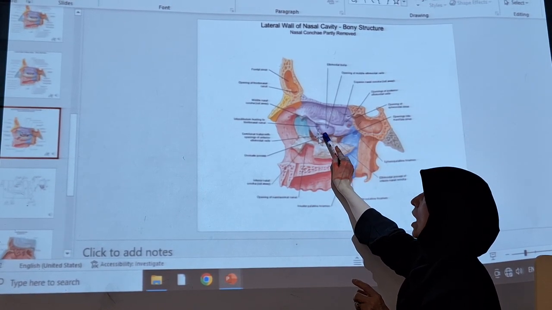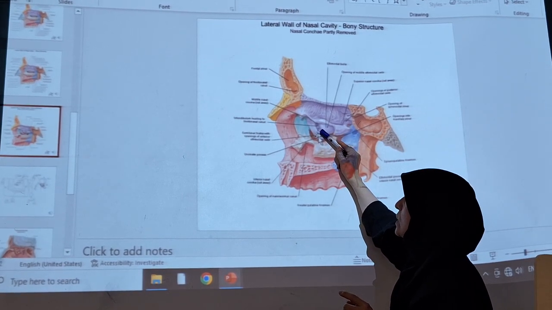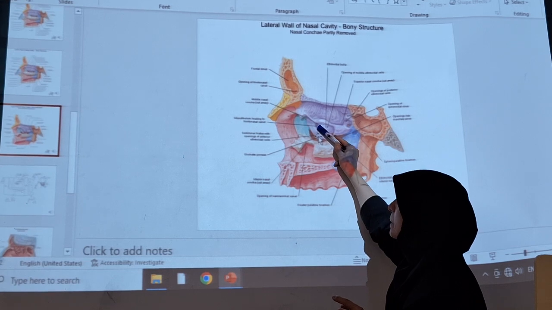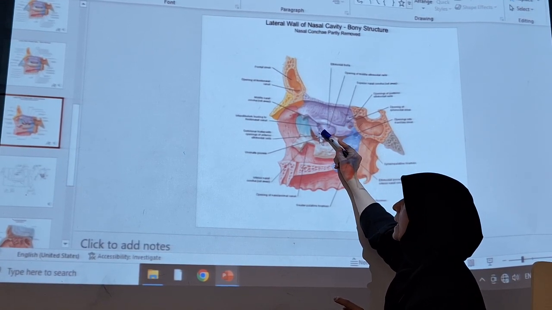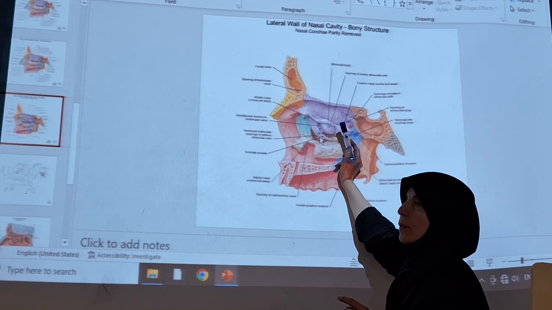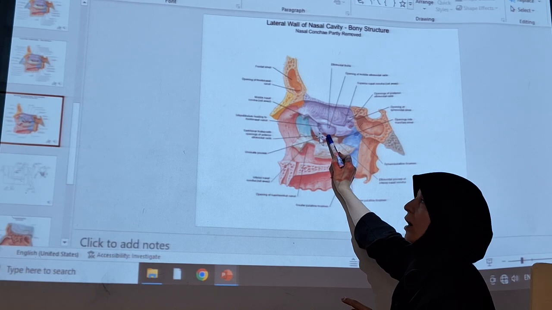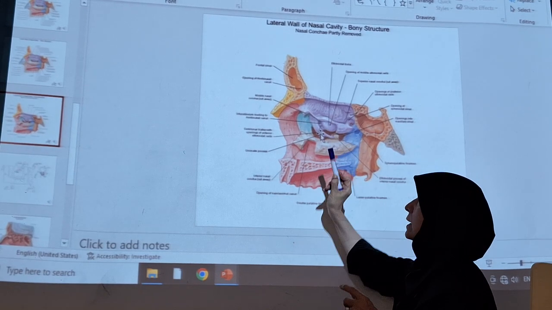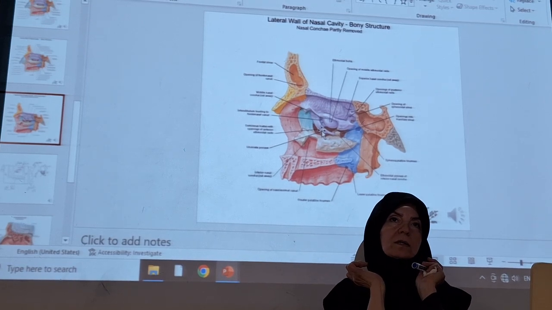So here is the uncinate hiatus. Uncinate hiatus is going to be continued to the semilunar notch or duct that we call ethmoidal infundibulum. Inside of the hiatus semilunar, here we have the opening. This opening belongs to the maxillary sinus.